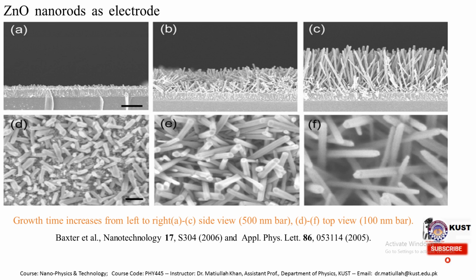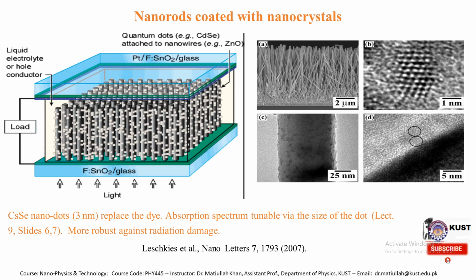We can change the growth time, and this is basically for ZnO nanorods that are used for electrodes. We have nanorods coated with nanocrystals as well, regularly arranged, which are a type of quantum dots, like CdSe, attached to a nanowire.